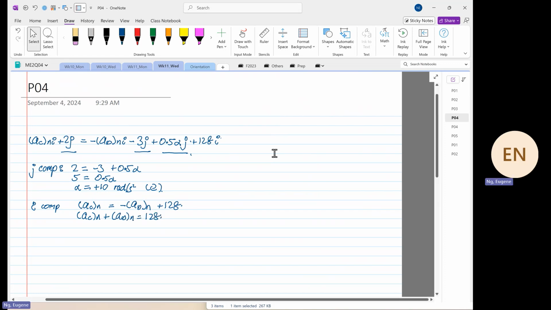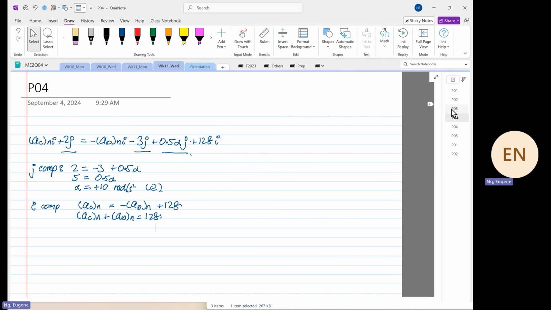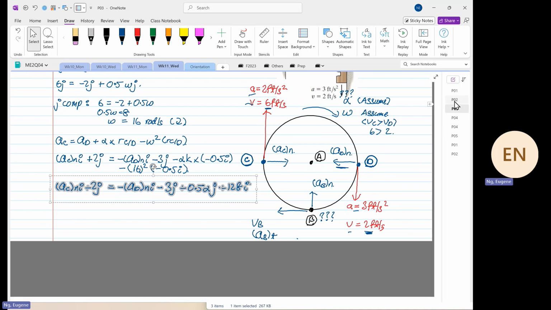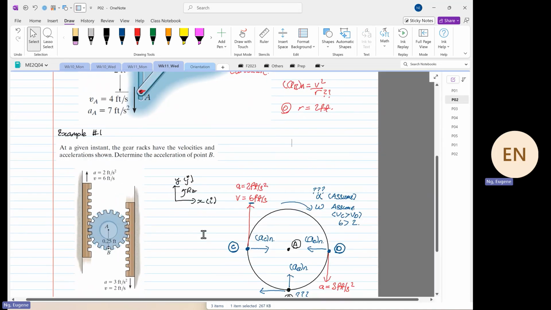Now I want to focus on ACN and ADN. I'm going to try to lift this diagram again.